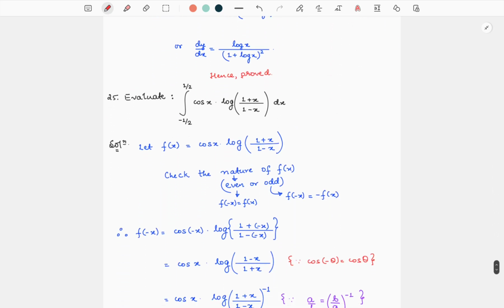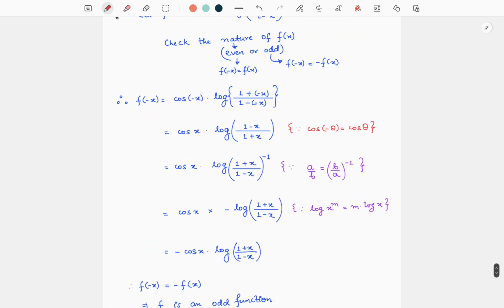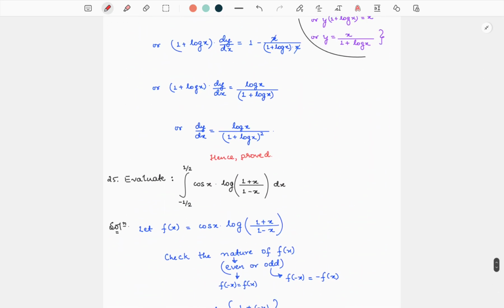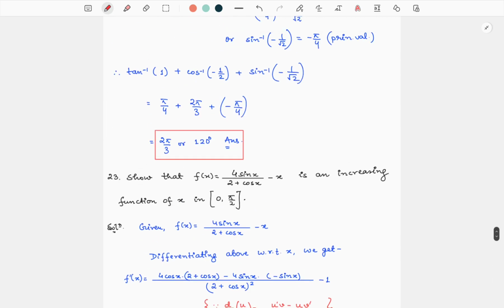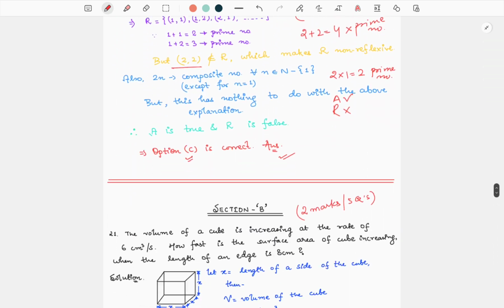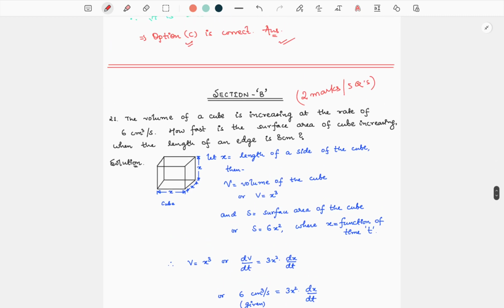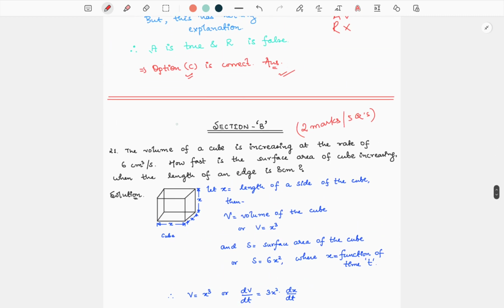Then 25. So there are a total of 5 questions in this section, and each question carries 2 marks, so this section will get a total of 10 marks.